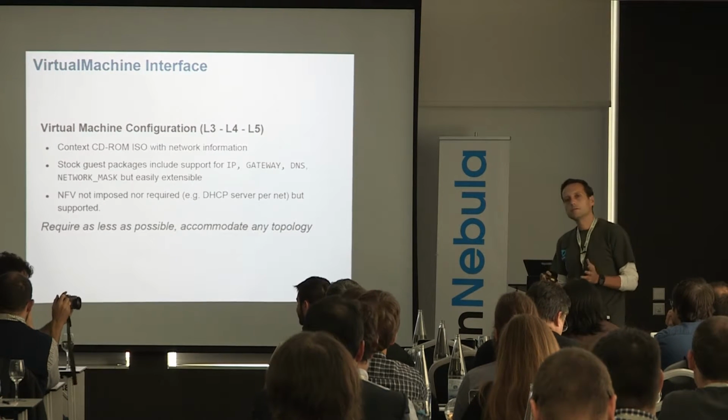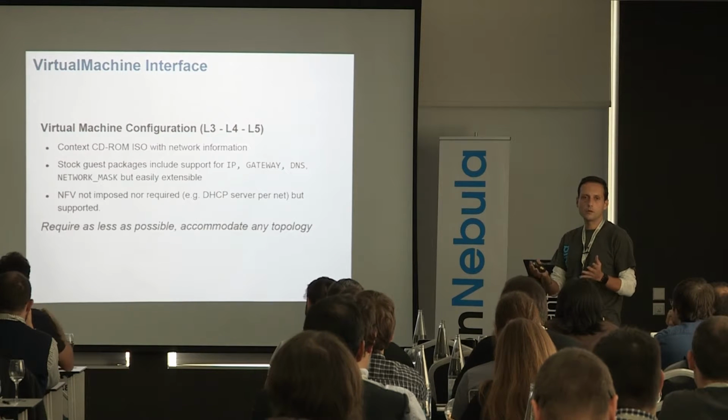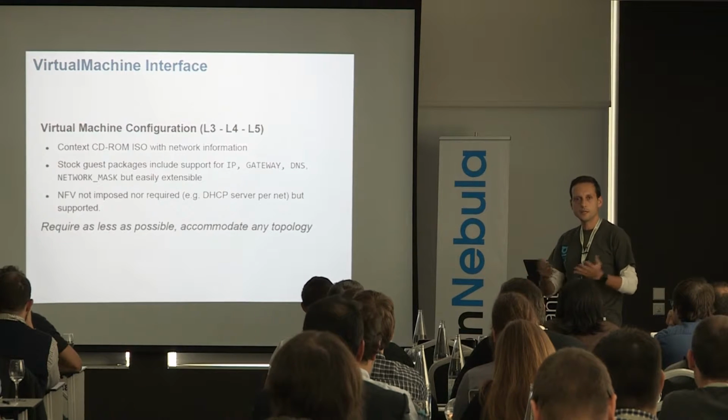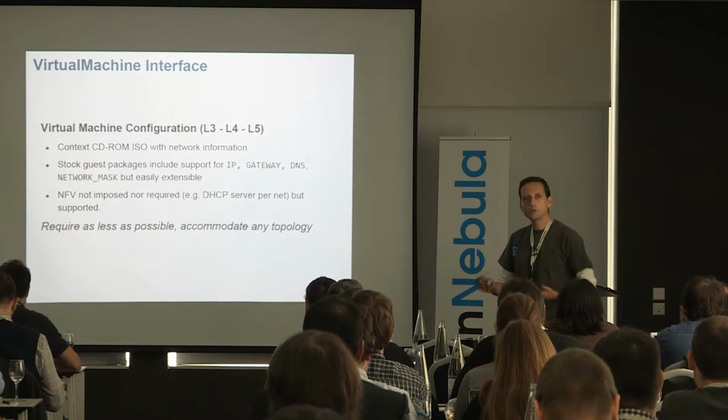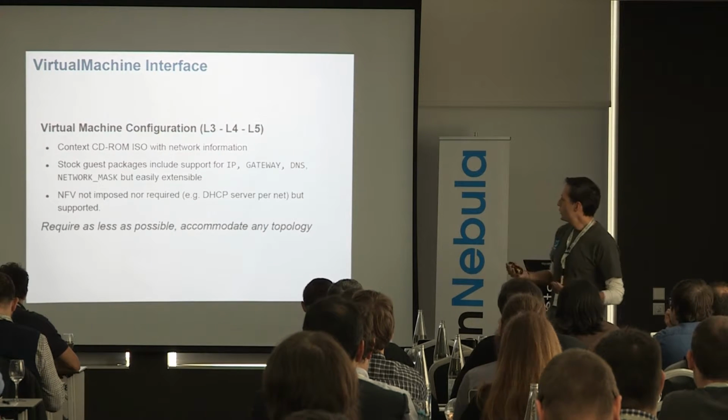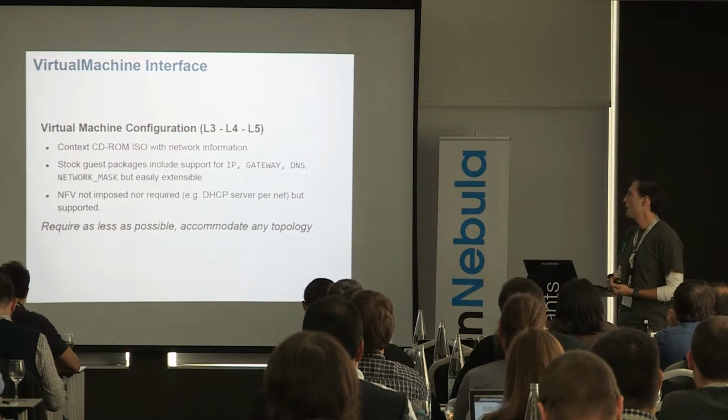So we wanted to let people architect their networks as they need and give them the flexibility to put what they need. So how do we configure guests in OpenNebula?